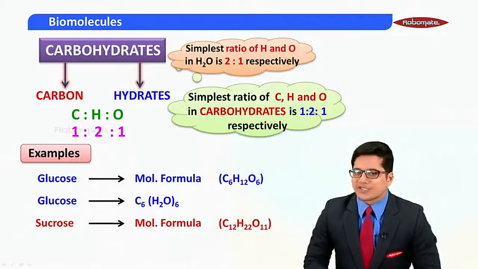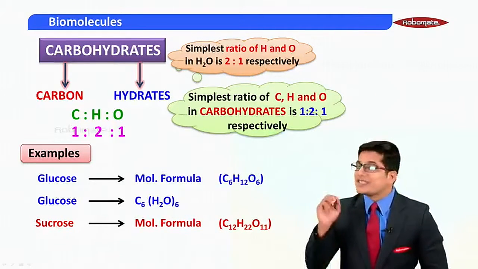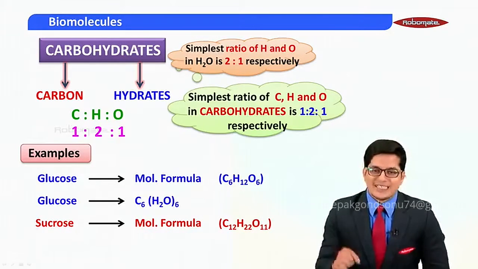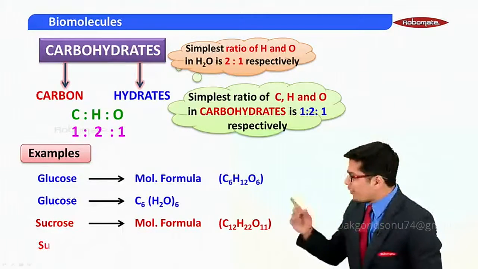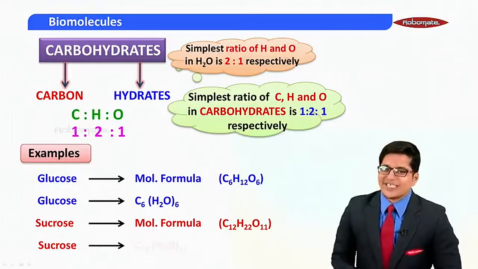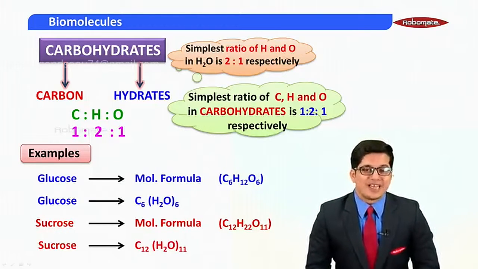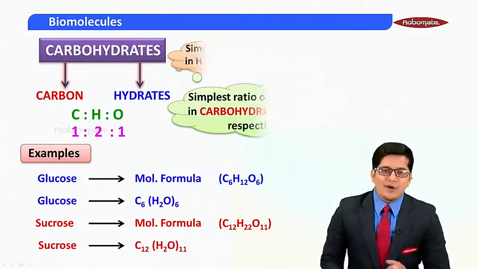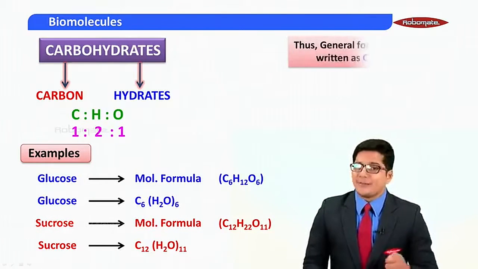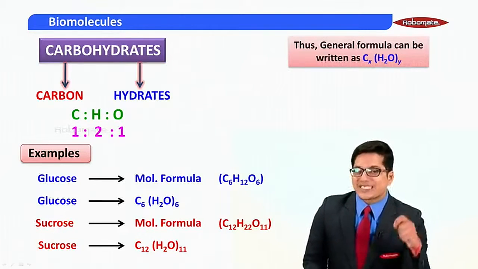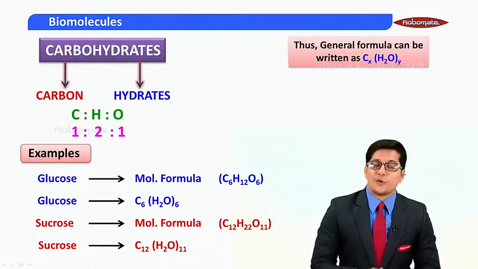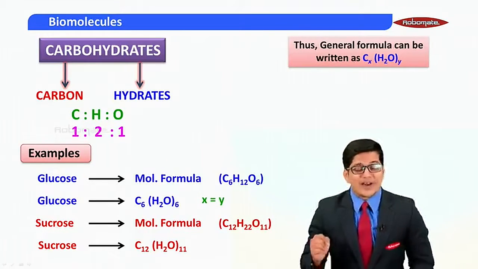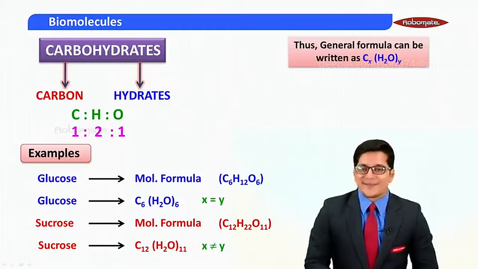What if we have sucrose, which has a molecular formula of C12H22O11? Now, this sucrose molecule can also be written like this, which is C12(H2O)11. So, can we say that carbohydrates are represented by a general formula of Cx(H2O)y, where x can be equal to y or it cannot be equal to y?